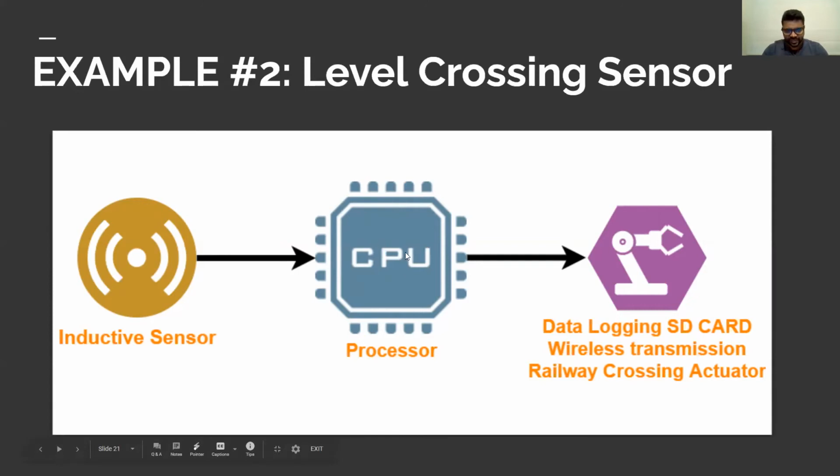Then that information is transmitted wirelessly to an actuator, which operates the railway crossing. I think this is currently installed somewhere in Sydney.